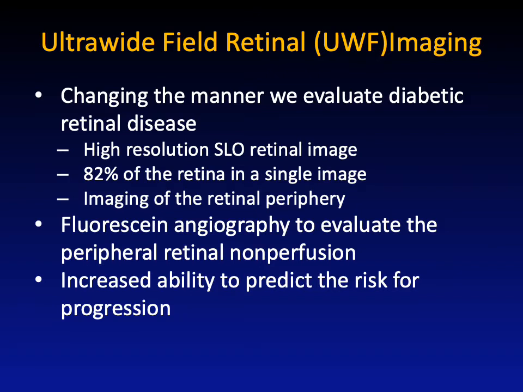And you can acquire both color photographs and fluorescein angiography images. And this allows us to visualize peripheral non-perfusion with greater ease without having to steer the patient. And as I will show you later on, it has increased the ability for us to detect diabetic progression.